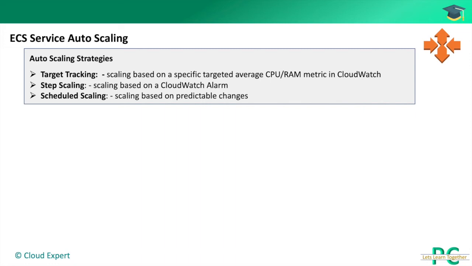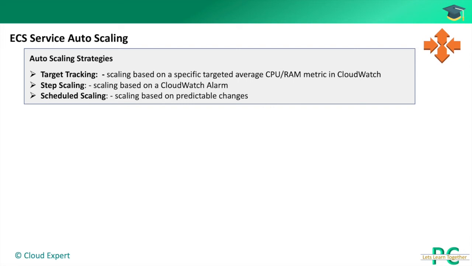Next is step scaling. Here you can specify multiple thresholds along with different responses. For example, let's say you have created three thresholds. Threshold A, where you specify add one instance when CPU utilization is between 40% and 50%. Then your next threshold could be add two instances when CPU utilization is between 50% and 70%.